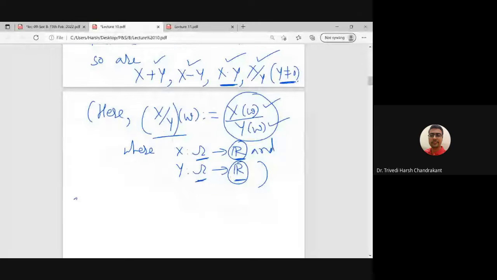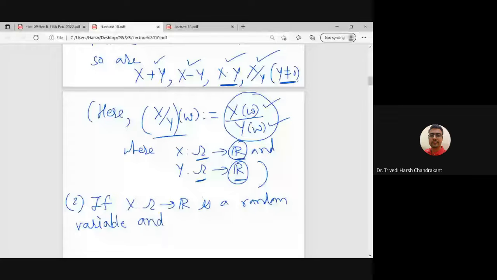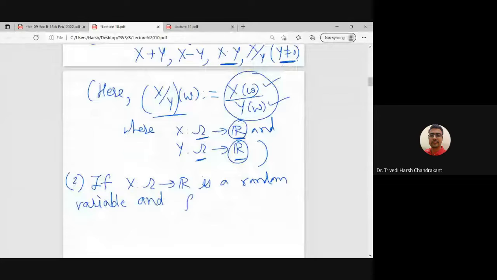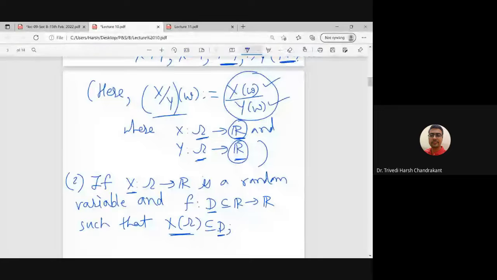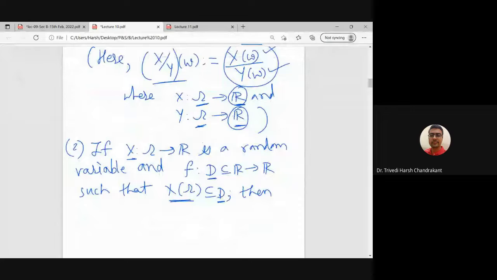So this is the first remark. The second property of random variables: if x is a random variable, so that means it is a function from omega to R, and if we have a real-valued function f from the domain D, which is a subset of R, to R, such that the domain of f contains the range of x, so the range of x is a subset of D, if that happens, then we can compose f and x.